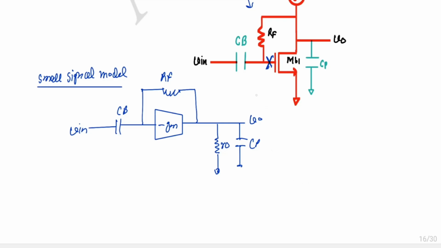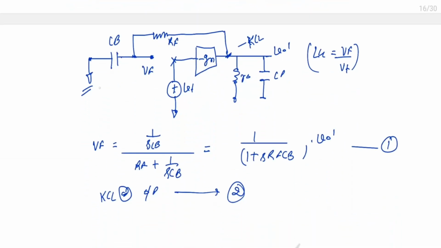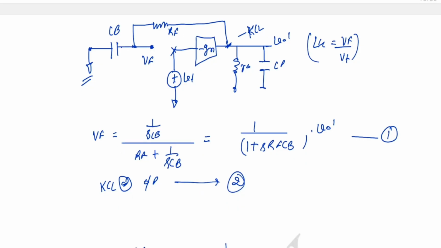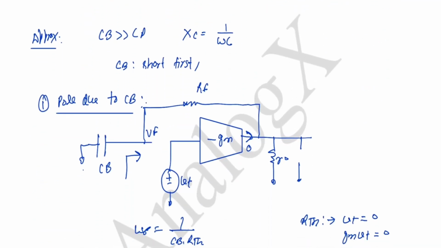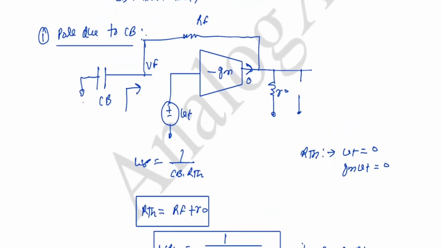I model the circuit like this, and in loop gain I put my input at 0 and apply the test voltage. I will calculate Vf here. Exact analysis will be lengthy and we won't get any insights. So I will assume that CB, the blocking capacitors, are very much larger than the parasitic capacitance.